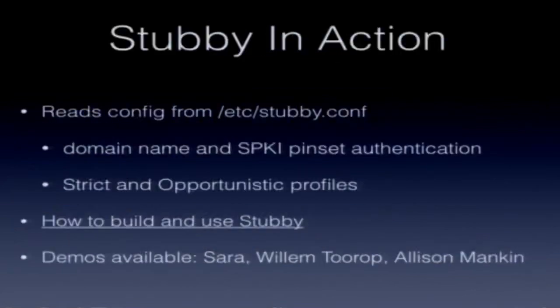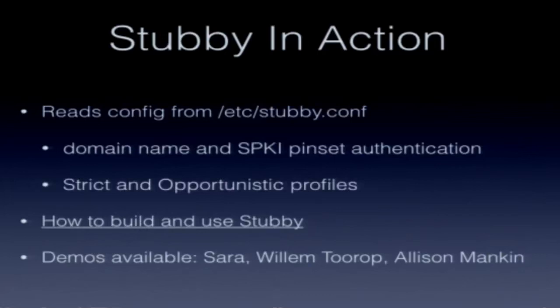You can configure it via a configuration file. In that file, you can set up all the name servers that you need. You can specify the authentication information you might want to use. You can specify which of those 2 profiles do you want to do, strict or opportunistic. This is all configurable. There's a web page on how to build Stubby, configure it, and use it.